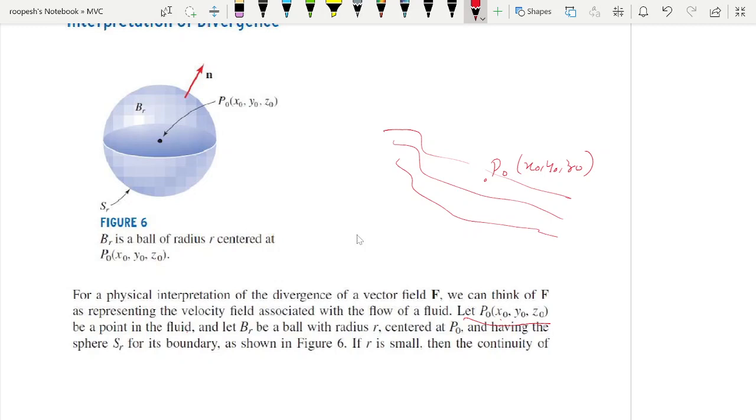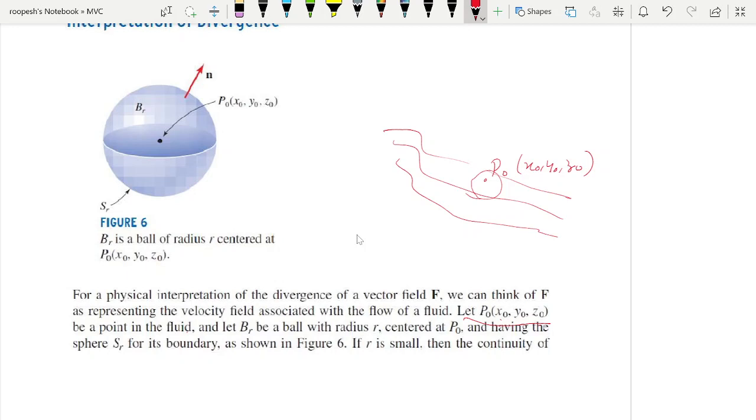let BR be a ball with radius R centered at P naught. So we should consider this sphere inside this, right? And having the sphere SR for its boundary as shown in the figure.